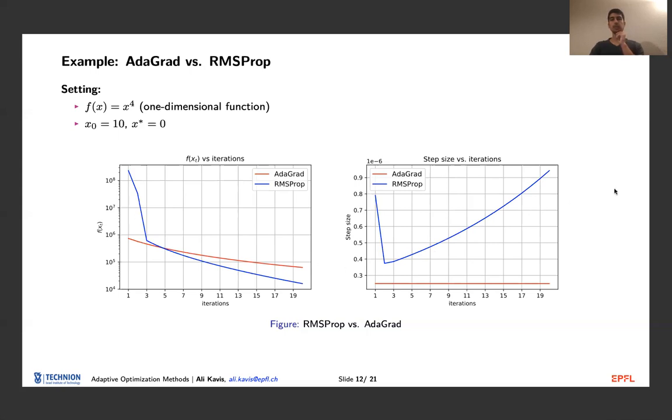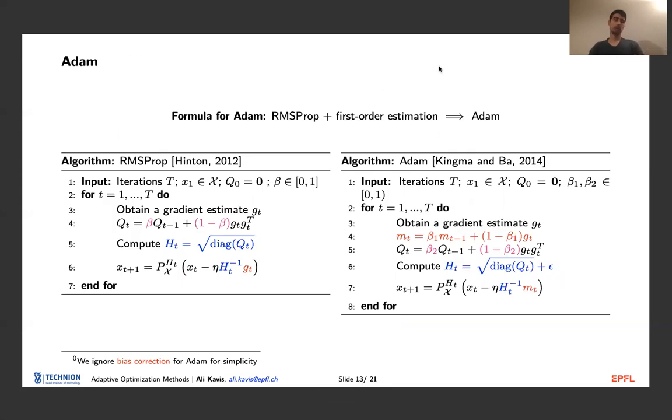So on top of this, RMSprop was proposed by Geoffrey Hinton in one of his lecture notes. And RMSprop is just a small modification over AdaGrad. But we can actually make another modification on top of RMSprop as well, which becomes the Adam algorithm.